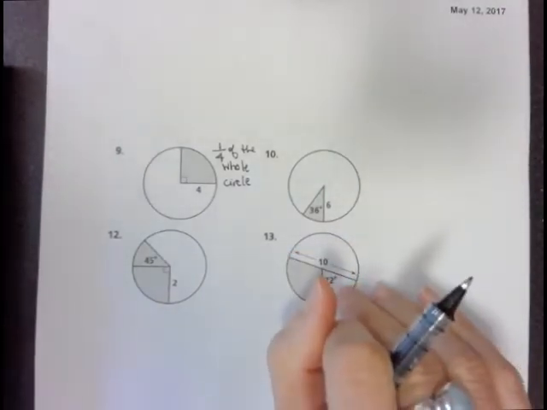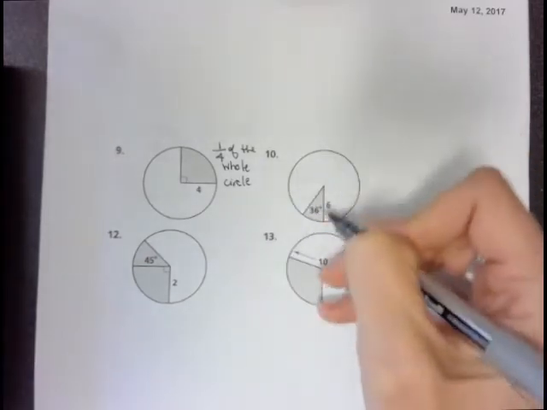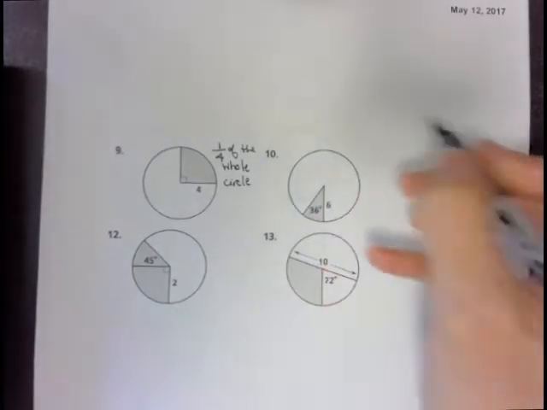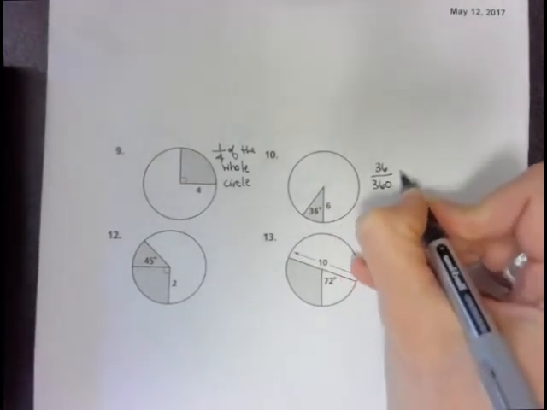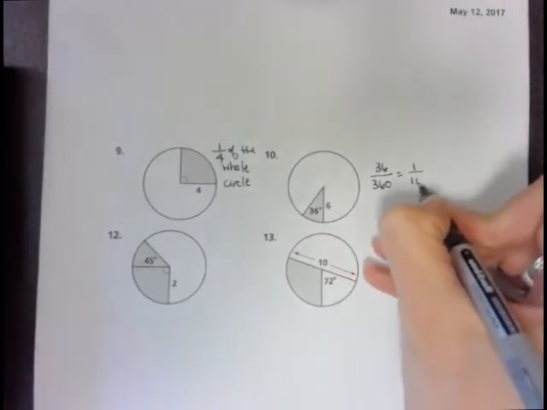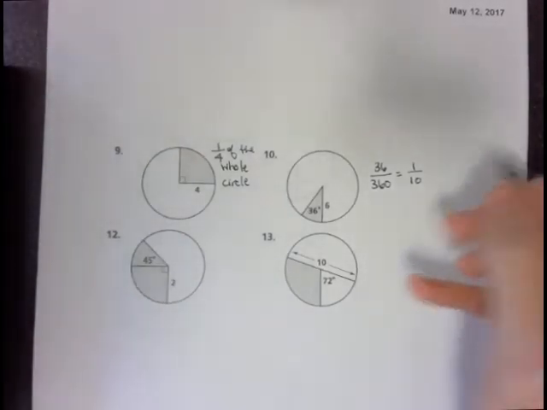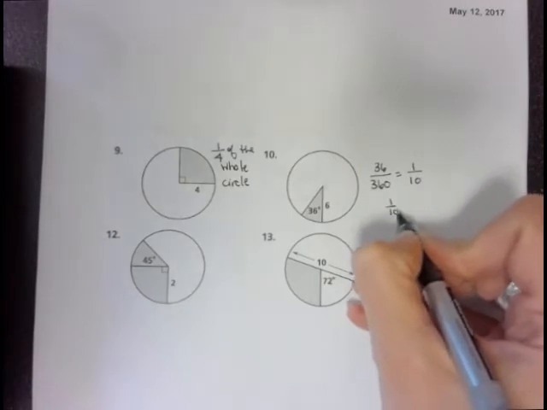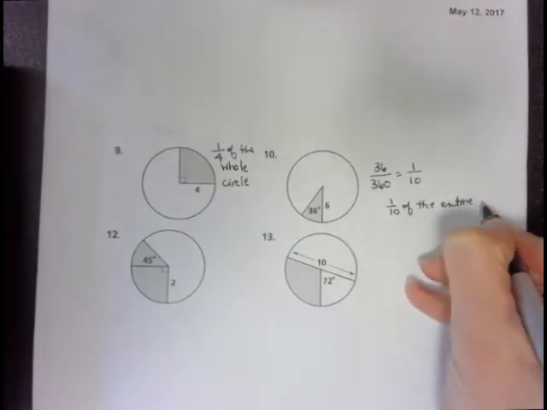So I have to say to myself, well, what fraction of this whole circle is this piece of the pie or this sector? So I'm going to write 36 degrees out of 360, and we know that that's 1/10 because I can reduce that fraction. So again, what I'm going to do is I'm going to find 1/10 of the entire area of the circle.